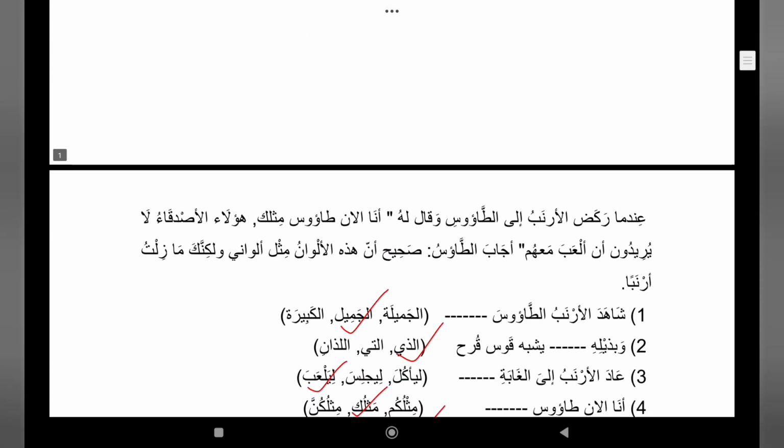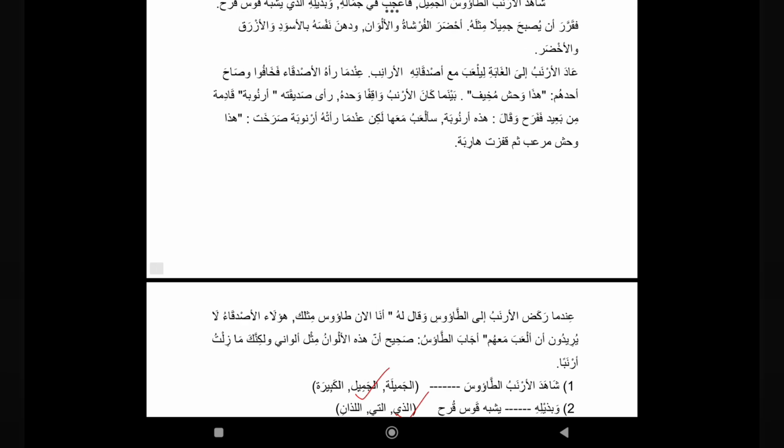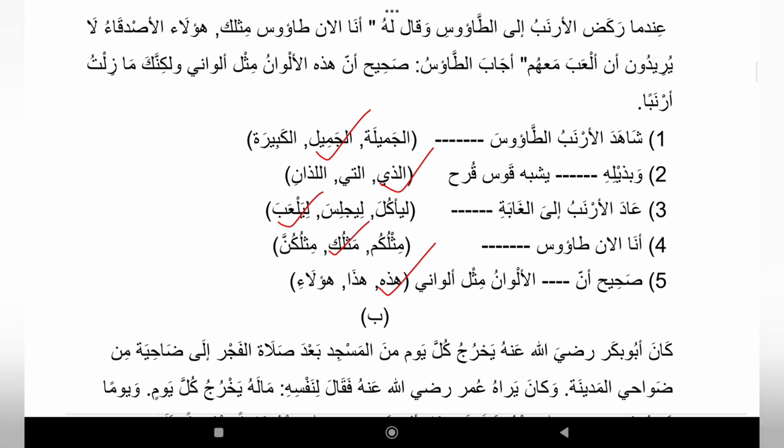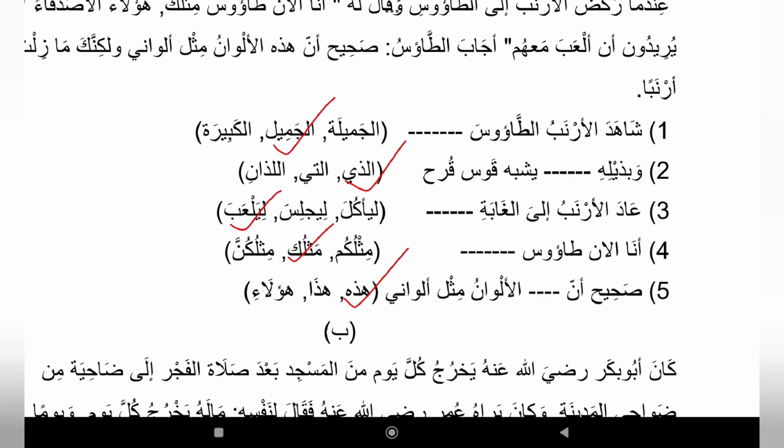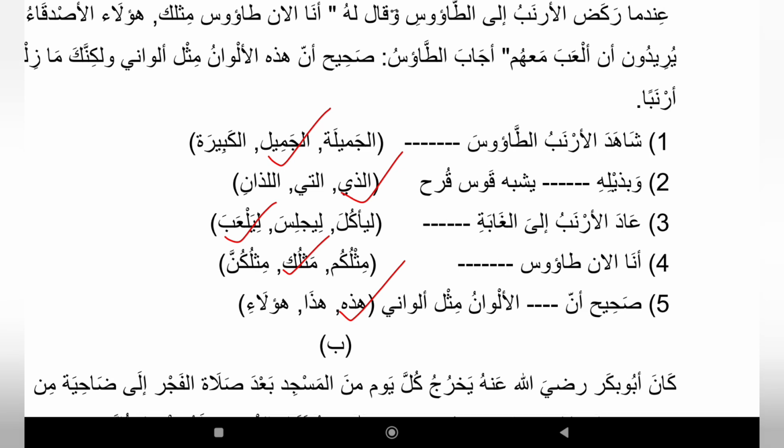When you get this kind of option, you can read everything and understand which one is simpler. Look at the paragraph and the questions. All the questions are very simple. If you read the paragraph carefully, you will be able to answer the questions easily.